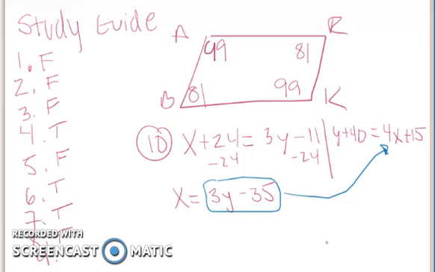Okay, and let's go ahead and do that on the next page. That way it's a little easier to see and all that good stuff. Okay, so let's start the next page. Have a little bit more space for this one.